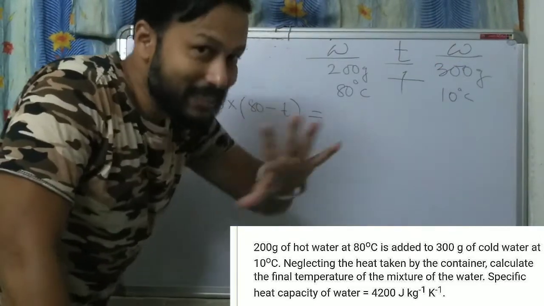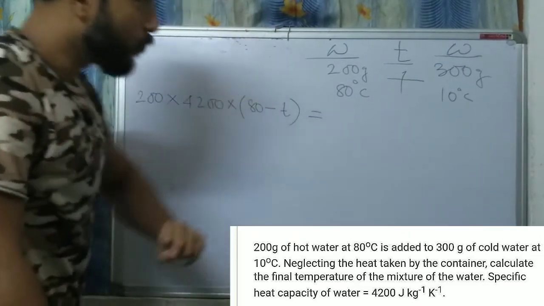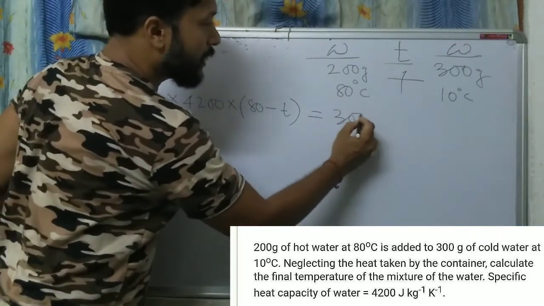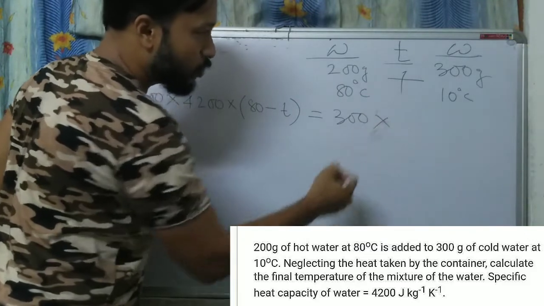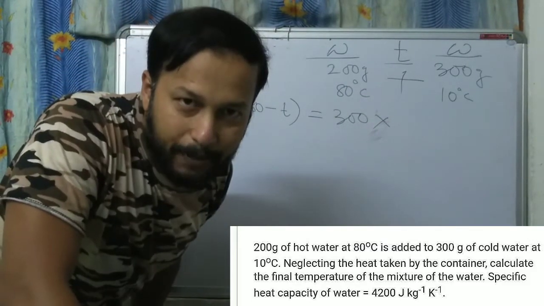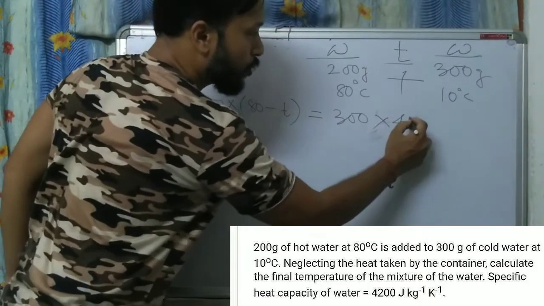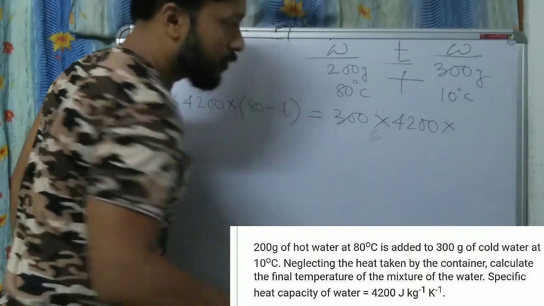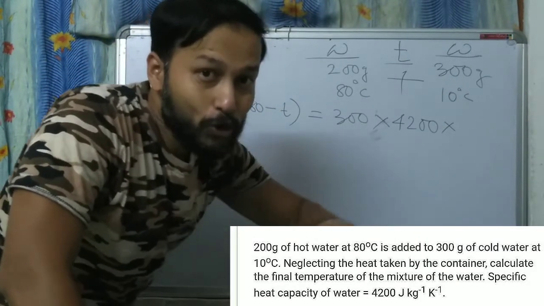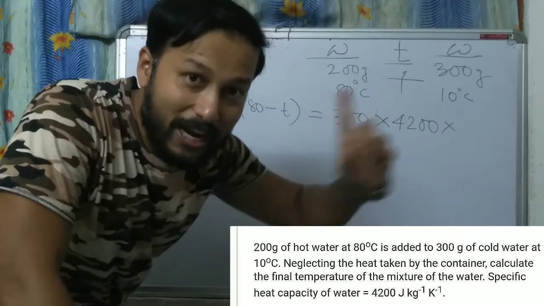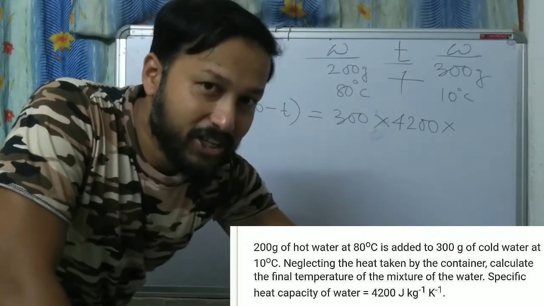This water is taking heat. Taking heat means, what is the mass? 300 gram. Gram we are not writing. 300 into what is the specific heat capacity? 4200. It's given in the question. 4200 into, this water is taking heat, so the temperature of that water who is taking heat will be written at last.